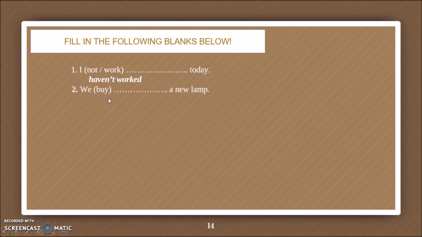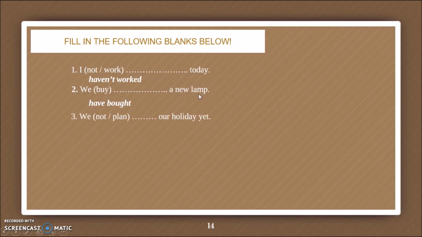Next, we buy a new lamp. It means we have to add the auxiliary verb based on the subject we, and we have to change the base form or the main verb into the past participle form. So the answer is we have bought a new lamp.